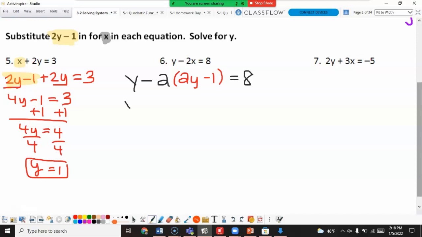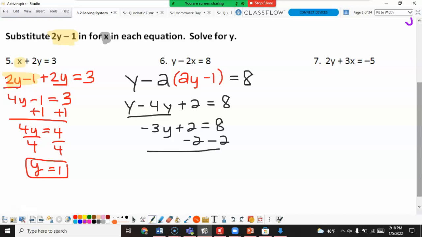So distribute the -2. Combine like terms. Divide by -3. And you get y equals -2.